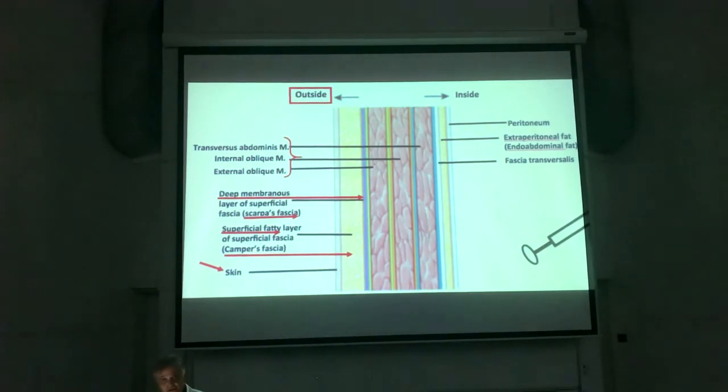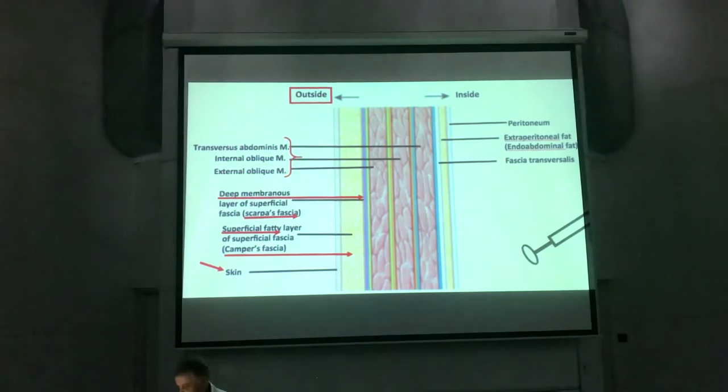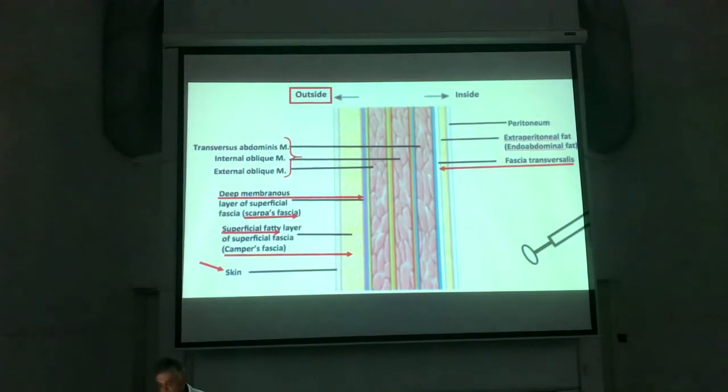Then 3 muscles. You know these three muscles. Do you know them or you don't? External oblique, internal oblique, transversus abdominis. Let's go through them.